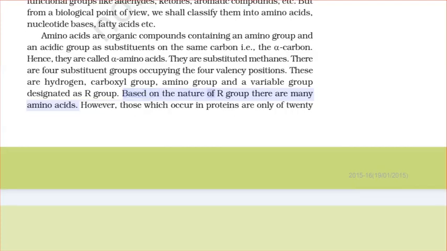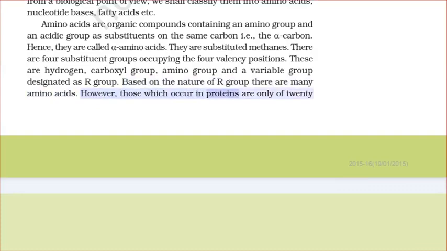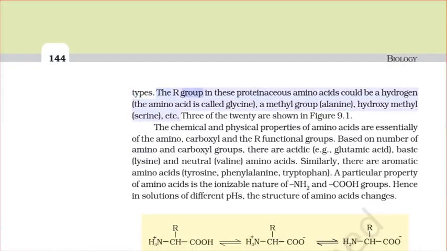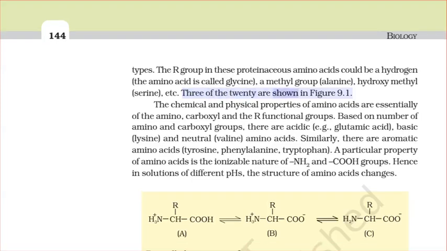Based on the nature of R group, there are many amino acids. However, those which occur in proteins are only of 20 types. The R group in these proteinaceous amino acids could be a hydrogen, the amino acid is called glycine; a methyl group, alanine; hydroxymethyl, serine, etc. 3 of the 20 are shown in the figure.